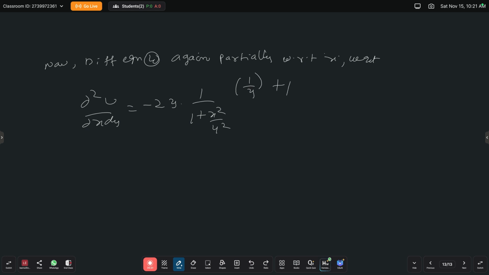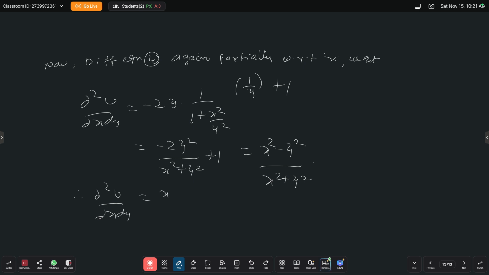So now the result is minus 2y square by x square plus y square plus 1. Now simplifying, x square minus y square by x square plus y square. Therefore, the result is ∂²u/∂x∂y is equal to x square minus y square by x square plus y square. Okay, that is the solution.